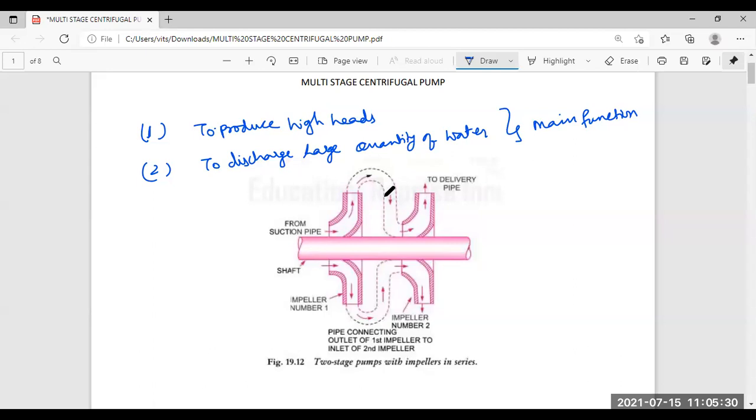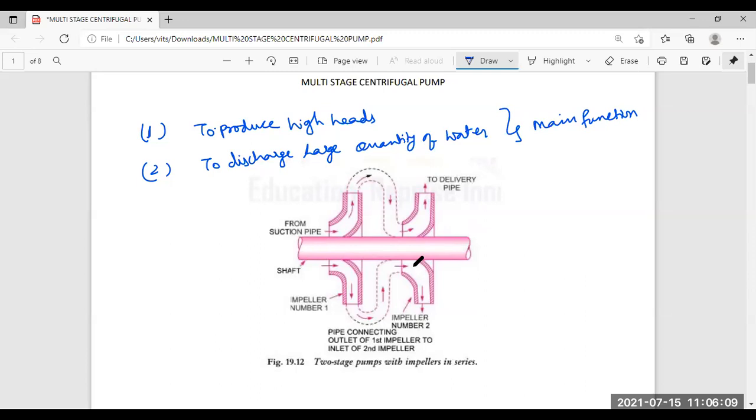This high pressure water then enters the second impeller at the inlet. In the second impeller, pressure is further increased and then it is discharged.